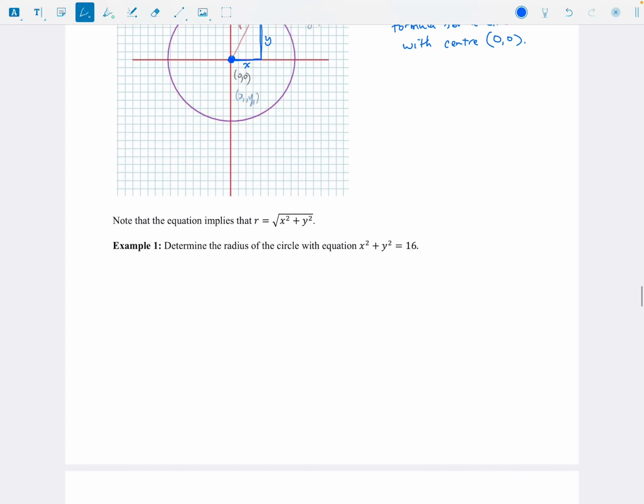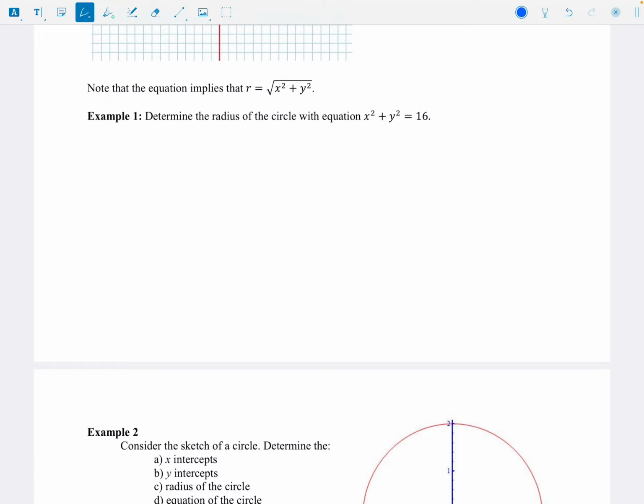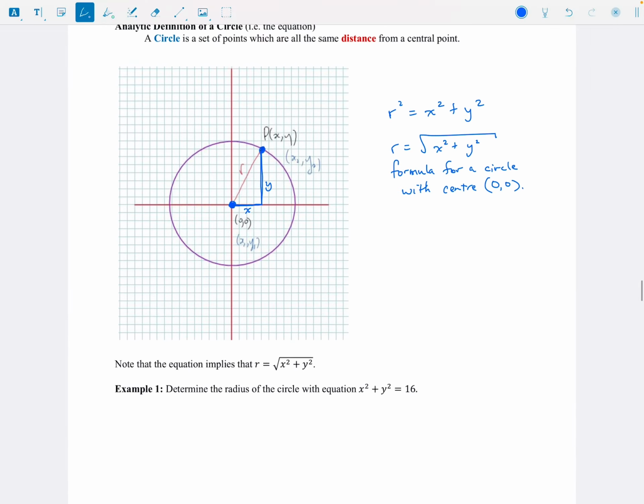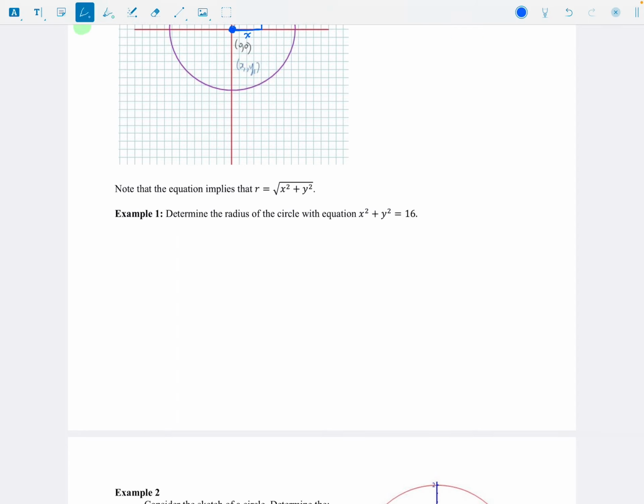All right, so it says here, example 1: determine the radius of a circle with equation x squared plus y squared equals 16. You'll notice that this looks a lot like this form right here, r squared equals x squared plus y squared. So let's write it down below so we can see this. This is x squared plus y squared equals r squared.